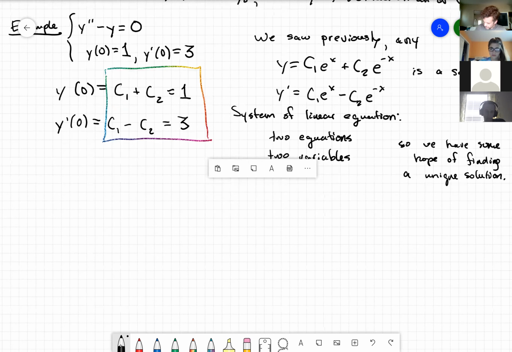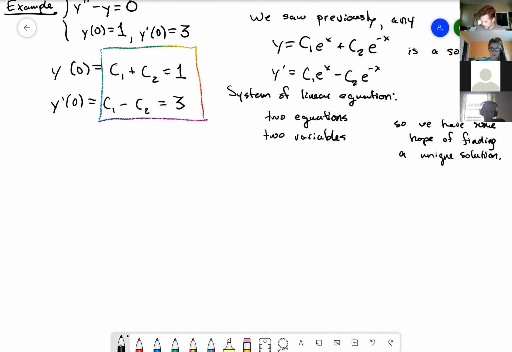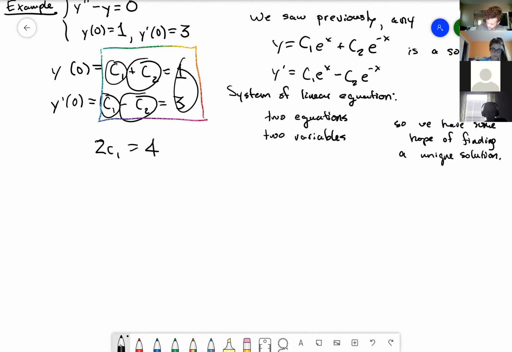Now, I'm sure you've seen linear equations many times throughout your mathematical career, and so you know that there are a few different ways of finding solutions to these things. So I'll just pick one. What I'll do is take these two equations and add them together. So c1 plus c1 is 2c1. c2 plus negative c2 is equal to 0, and 1 plus 3 is 4. And so what I get is c1 is equal to 2.